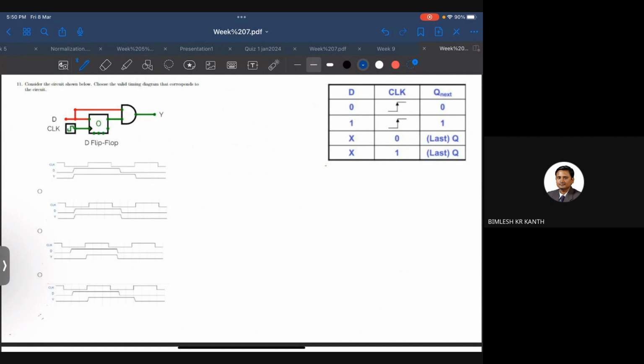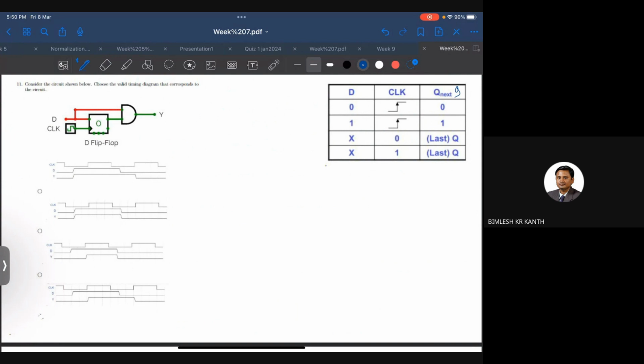It is changing and D is 0, so the next will be 0. Q next, or you can also say the last Q, or previous Q, it's the same.